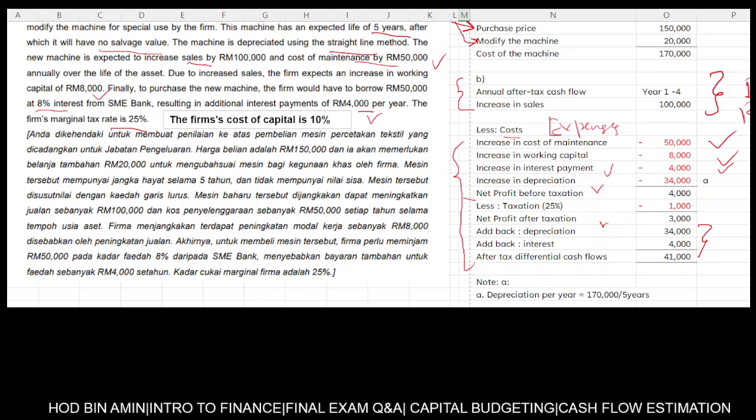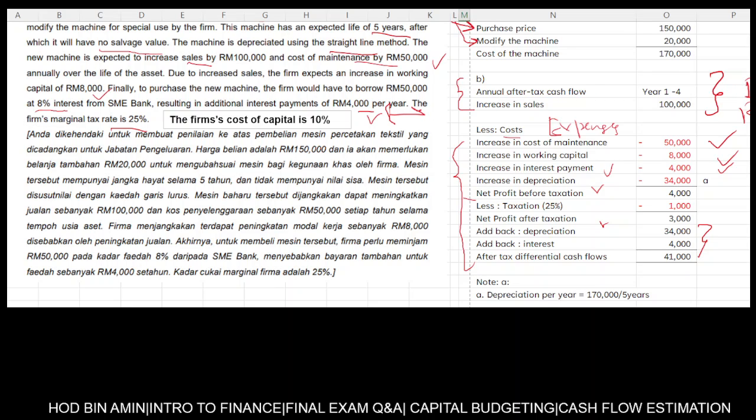Then you have to add back depreciation and also add back interest, 4,000, because this is cash flow. This is capital budgeting, because we will calculate using the firm's cost of capital of 10%.